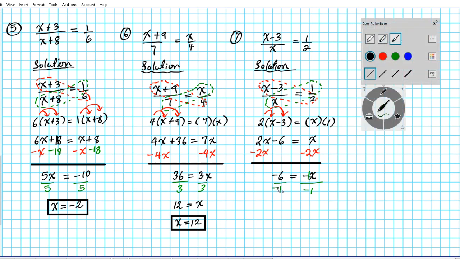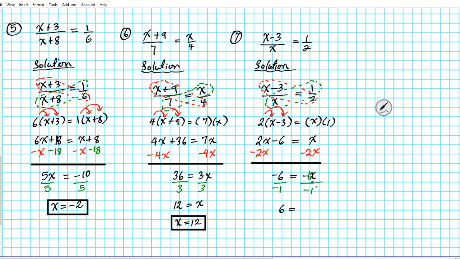When we divide by negative 1, minus 6 divided by negative 1 is going to be positive 6. So on the left side we have 6 is equal to, on the right side, negative x over negative 1 is just x. We can switch this around using the reflexive property of equality. Our final answer for question number 7 is x equals 6.